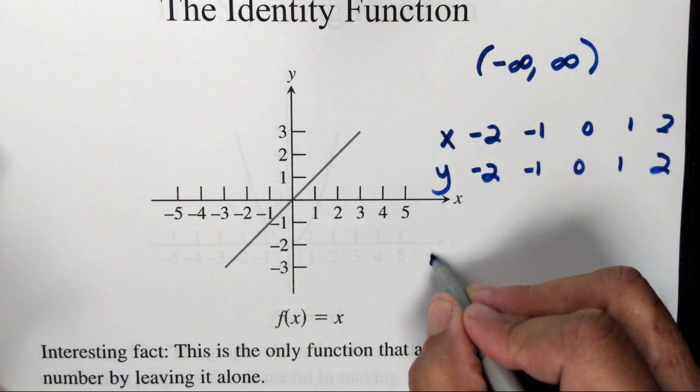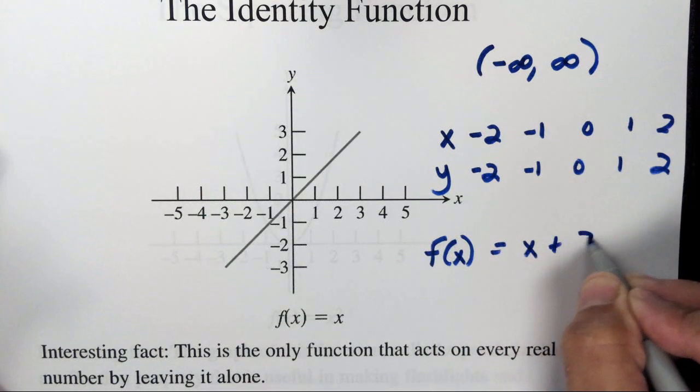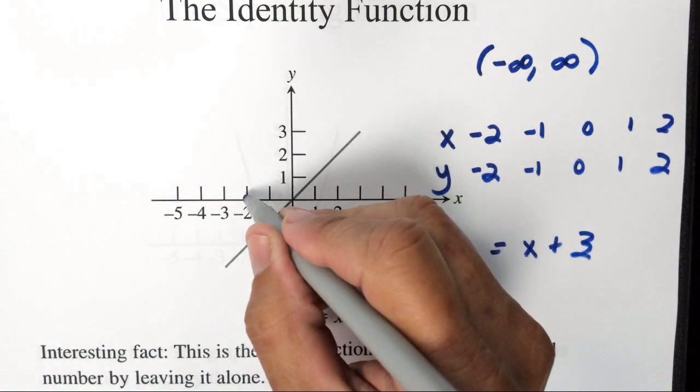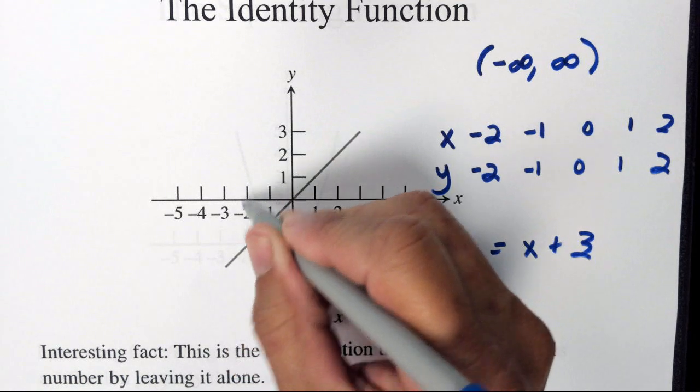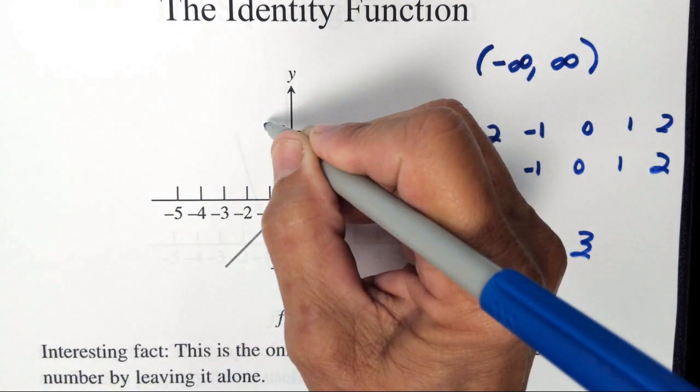And then if I was told to graph this by a parent and a transformation, what is this going to do to those parent points? Move them up 3. Move them up 3. Now, depending on who your teacher was, you may have done that differently. Those of you who belong to me, I told you to take your pencil, go to -2, -2, and then just count up 3 and put a dot. -1, -3, and count up 3 and put a dot.